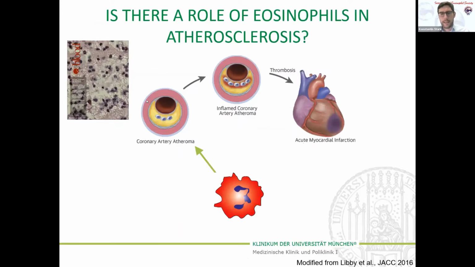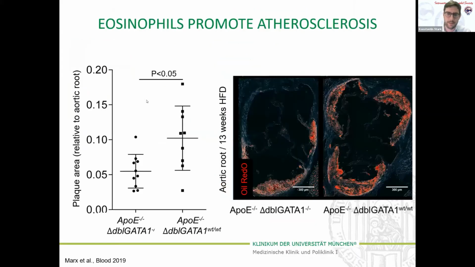So this is why we investigated if eosinophils contribute to atherosclerosis and thrombosis, which we published in a Blood paper in 2019. For that, we generated eosinophil-deficient mice and crossed them with ApoE mice, so that we have eosinophil-deficient mice which develop atherosclerosis, and compared the degree of atherosclerosis in these mice.